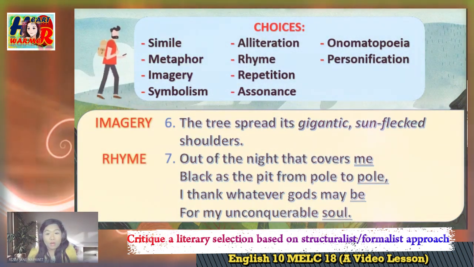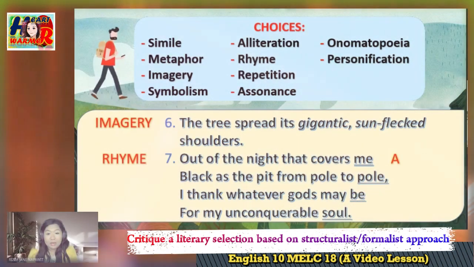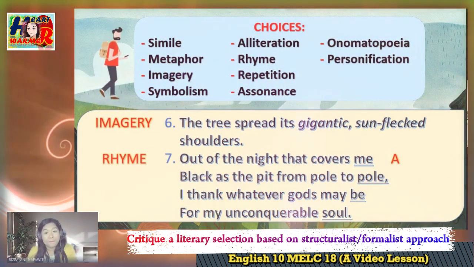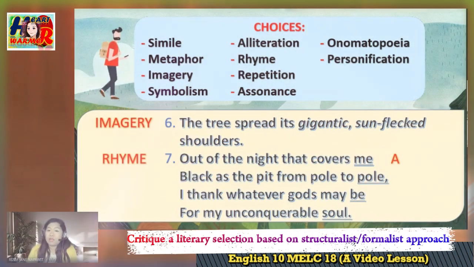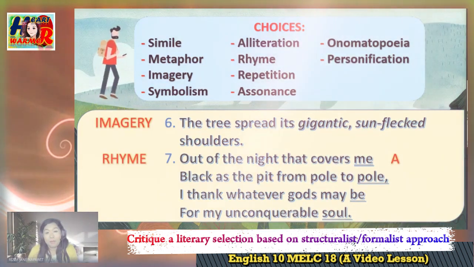So, what are those words that rhyme? Obviously, me, which is A. A is given to the first kind of sound that we hear, me. And then for pole, that's not the same as the sound of me. Me, pole.